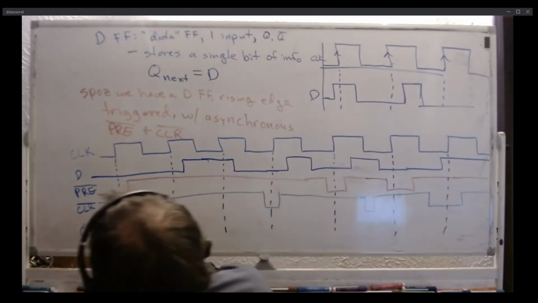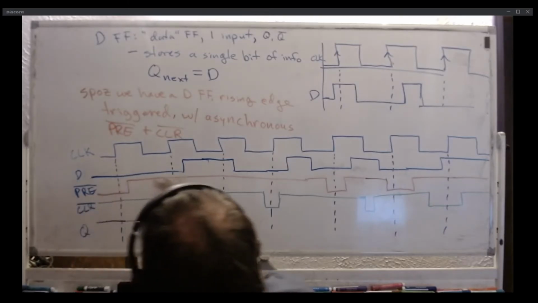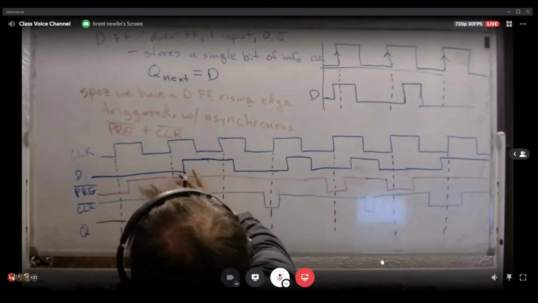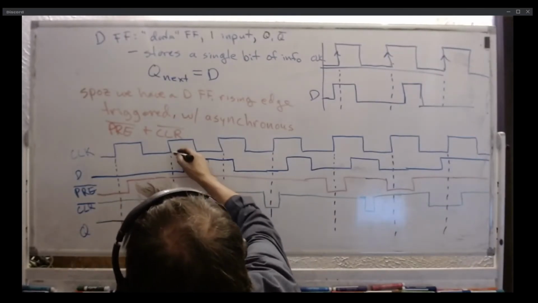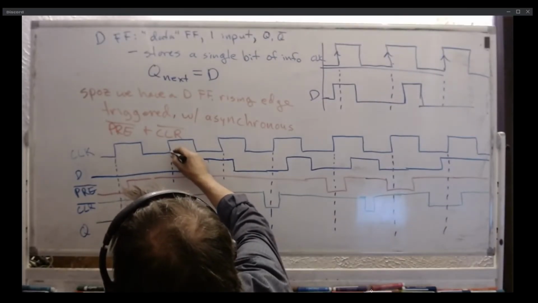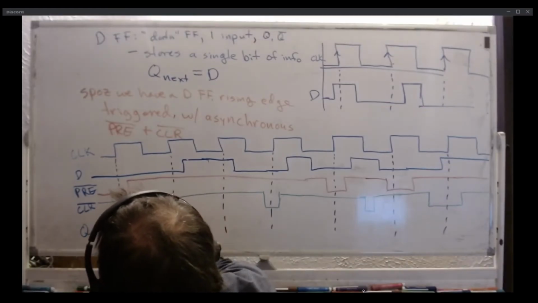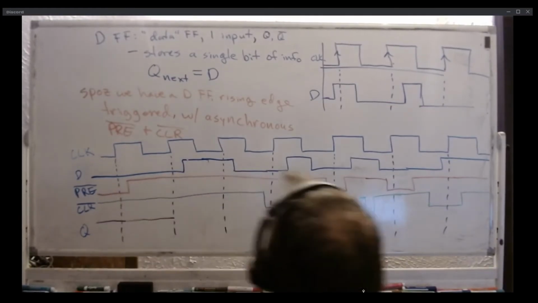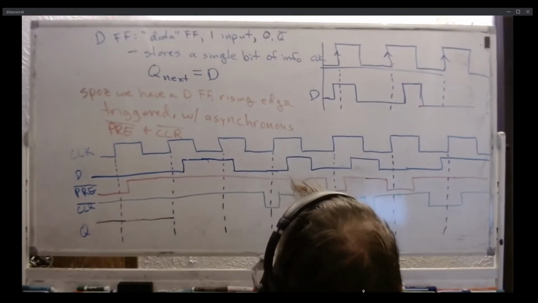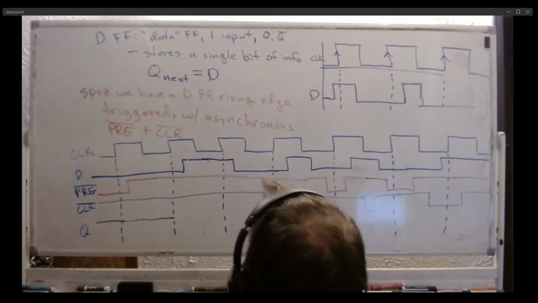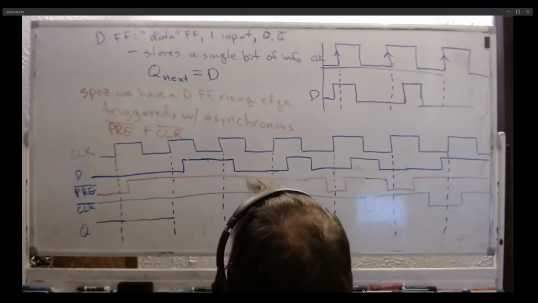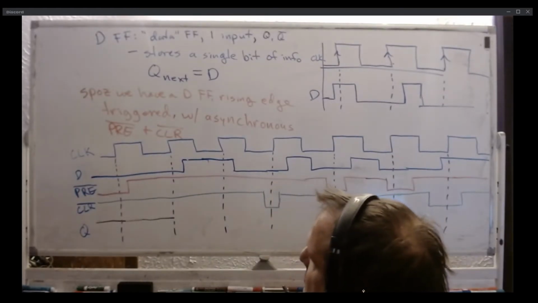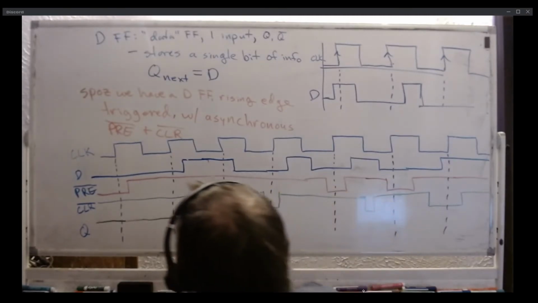Okay? Now that preset and clear are both inactive, do you see that we have to wait for the next edge of the clock for anything to happen? Right. And what's Q going to do on the next clock edge? Well, at this point, D is low, so Q is going to go low.